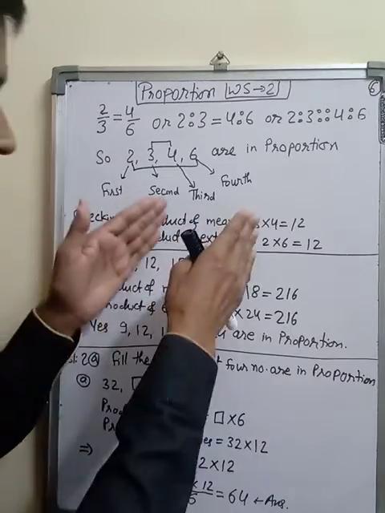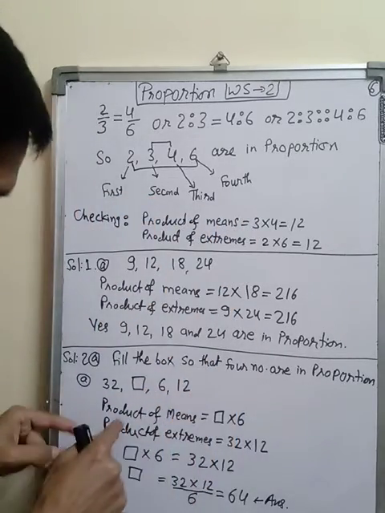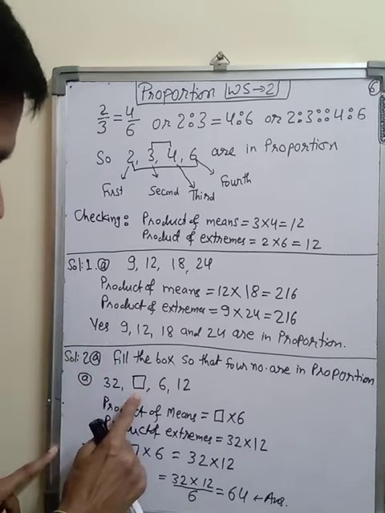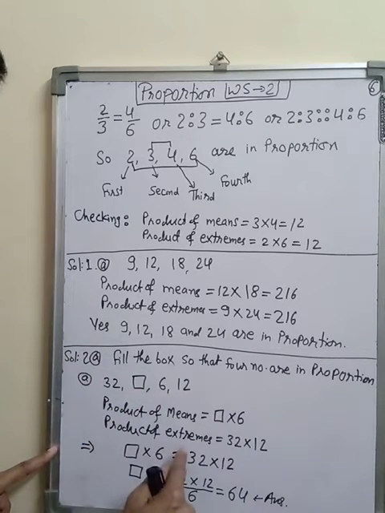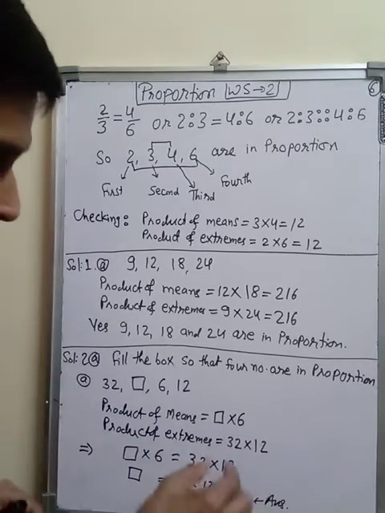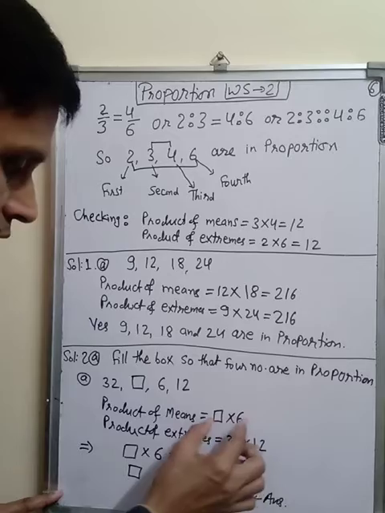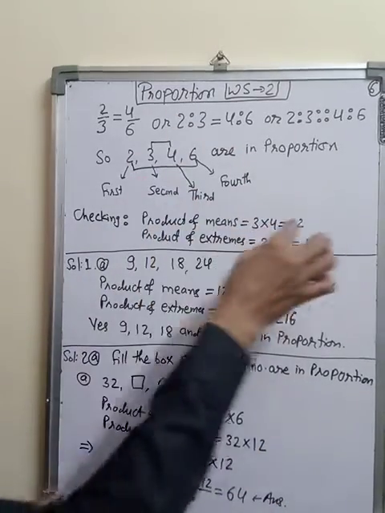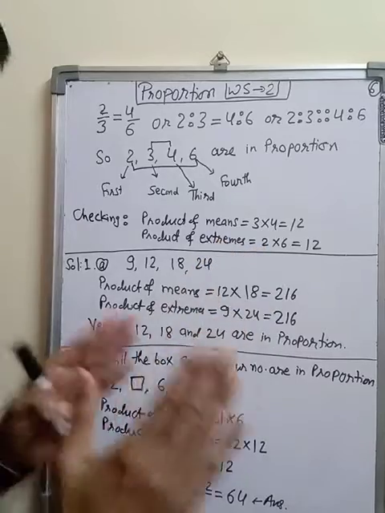So we will solve this with this concept. Product of the means: the box, which number is not given, into 6. Product of extremes: 32 into 12. And we know the product of this is equal to the product of this. We have seen both are the same. When these are in proportion, the product of means and extremes are equal.